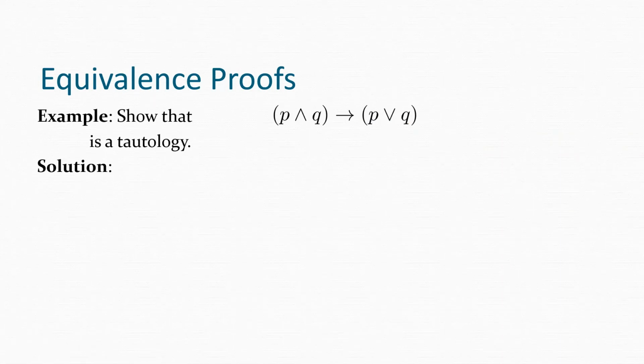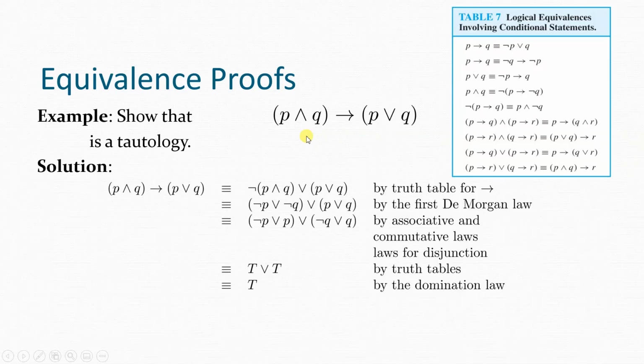Again, there is an example: P implies Q, P and Q implies P or Q is a tautology. We have to prove this without using a truth table. So let's start. P and Q implies P or Q. Again, we have to get rid of this conditional first of all.